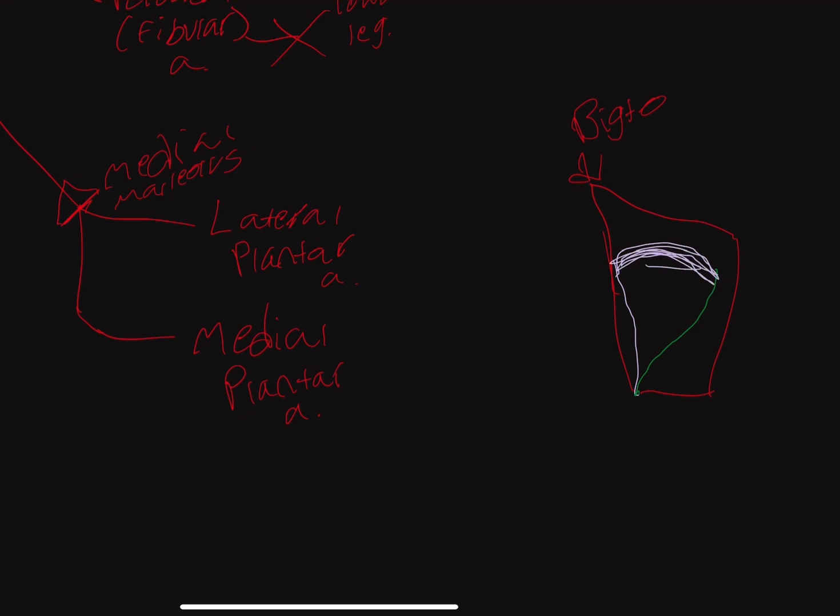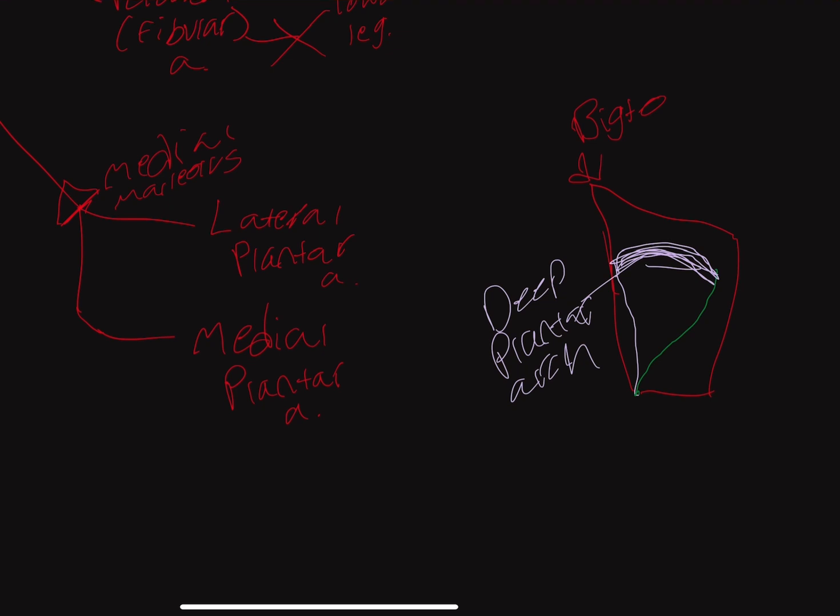And that artery is called, what was it called? Oh, I had a brain fart. That is going to be called your deep plantar arch. And that's what's going to make that anastomosis on the bottom of the foot.